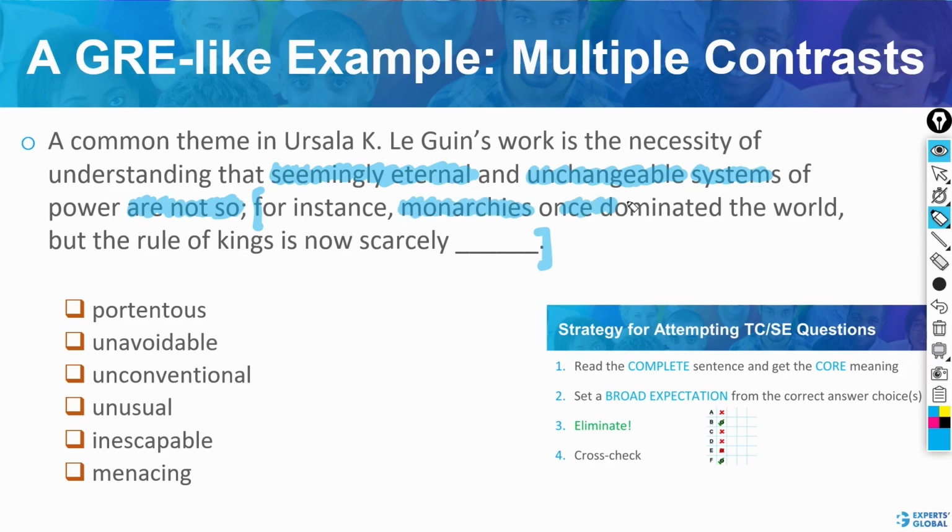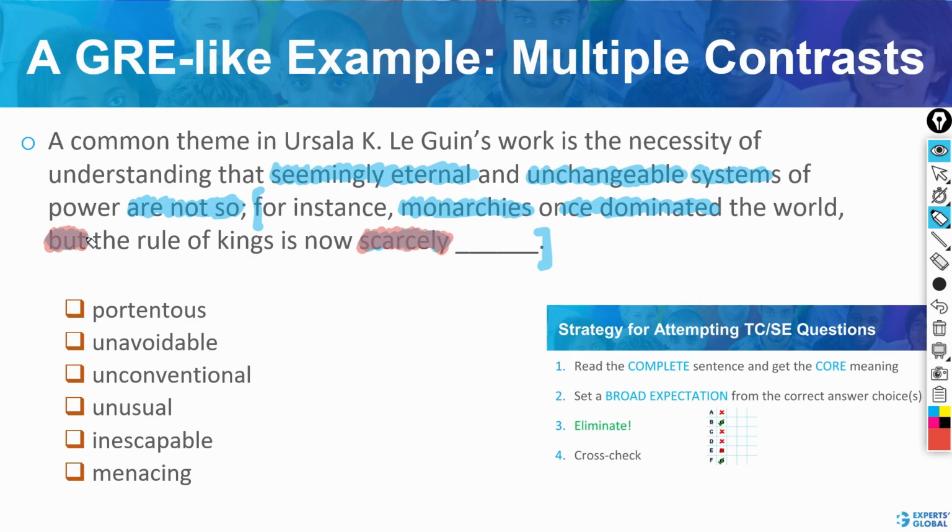Monarchies once dominated the world, but such rule is now scarcely something. We are clear about the meaning that we want, that monarchies were earlier popular, but now they are not. What makes the question tricky here is the usage of these shift triggers, 'but' and 'scarcely'.